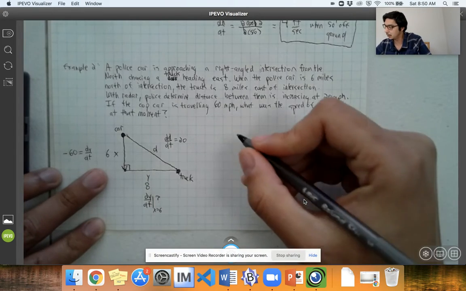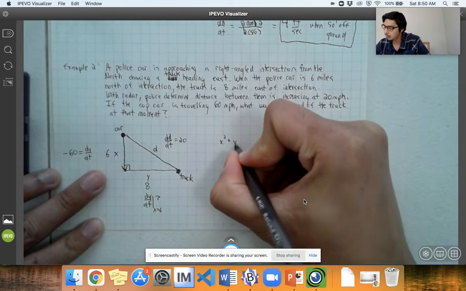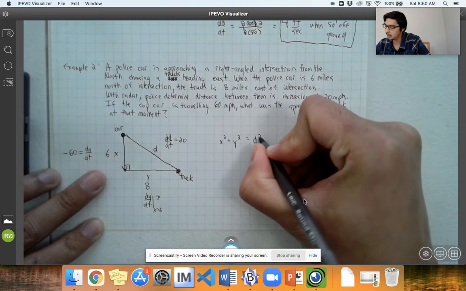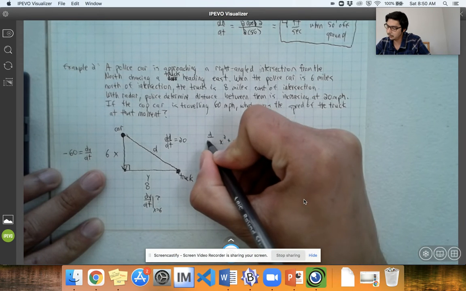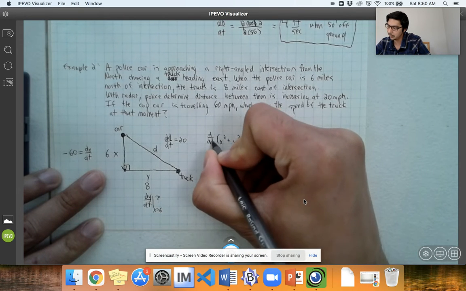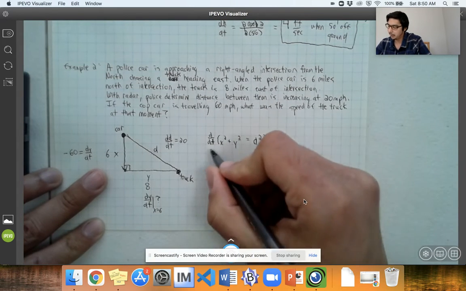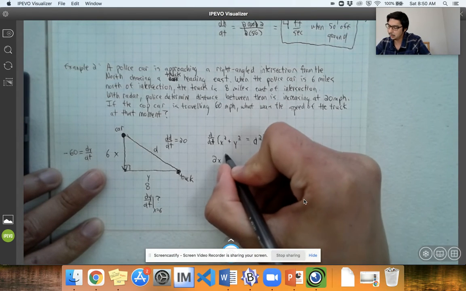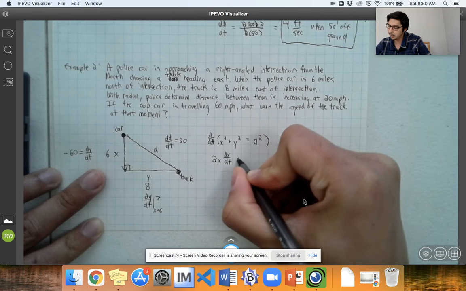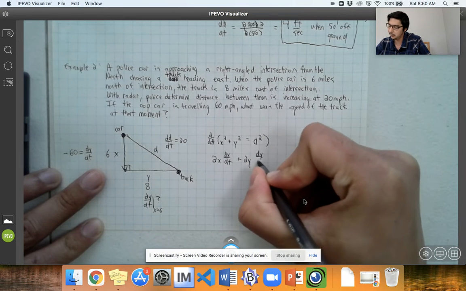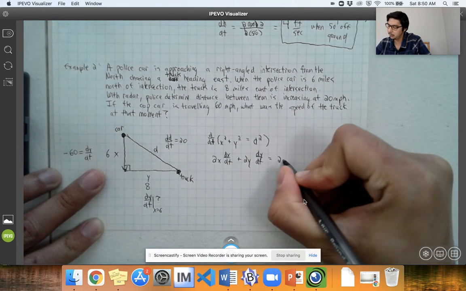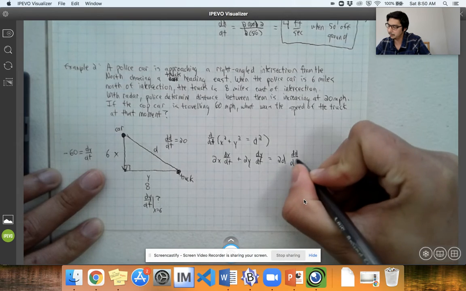So using Pythagorean theorem, x squared plus y squared is equal to d squared. We're going to take the derivative of this relative to time again. How is all of this changing as time changes? Implicitly, we're going to end up getting 2x dx dt plus 2y dy dt is equal to 2d dd dt.